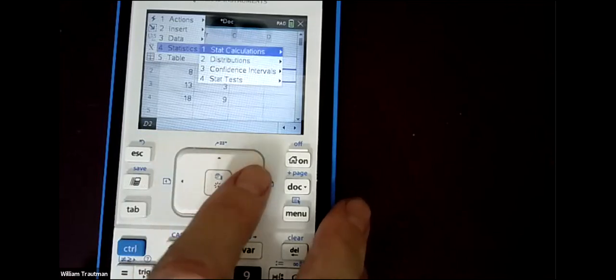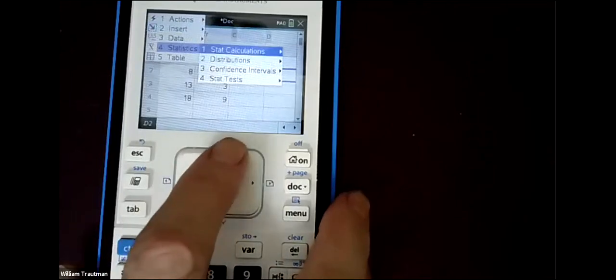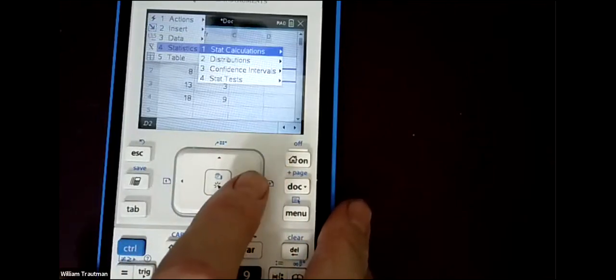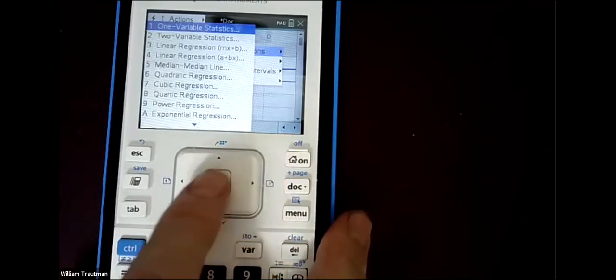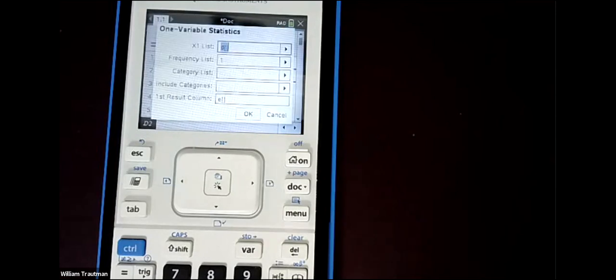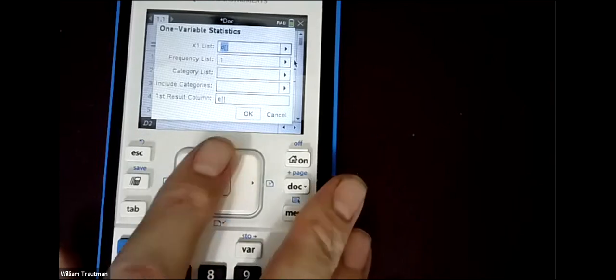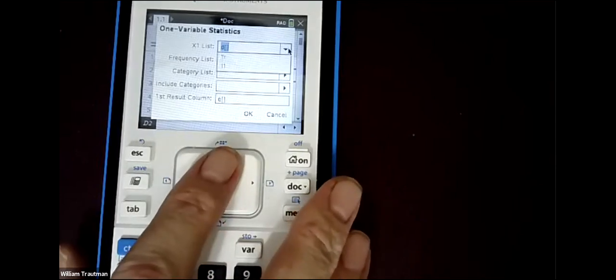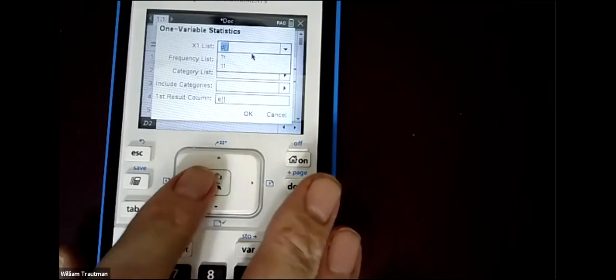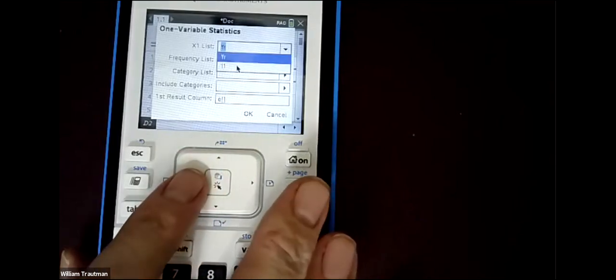And number 1, variable stats, hit enter. Keep only one list. Even if you have 2 lists, we're only using 1 list. And here we're going to put L1. The L1 is our first list, not that one.